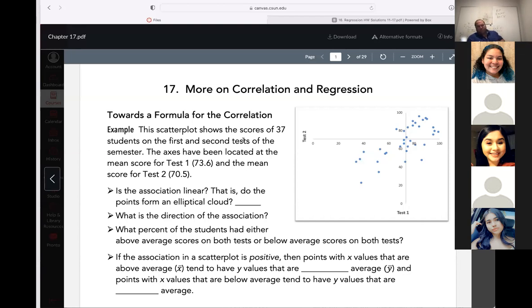So the third question on the page, what percent of the students had either above average scores on both tests or below average scores on both tests? Of the 37 dots, how many of them are either both above average or both beneath average?